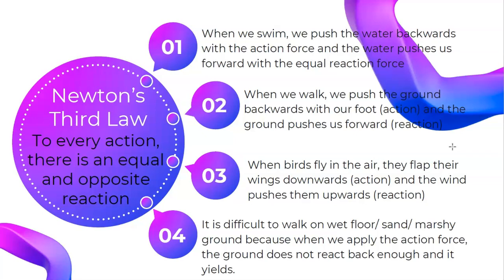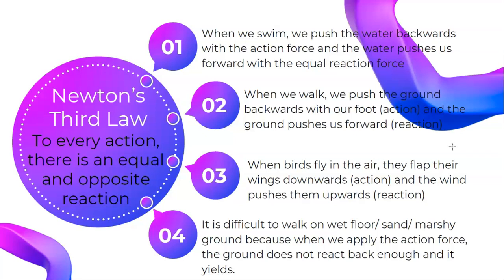We have a slightly different question now. Why is it difficult to walk on a wet floor or sand or on marshy ground? Remember, when the floor is wet, maybe it might be soapy or it is just watery, it becomes very difficult. There is a possibility that we might slip, or it is difficult to walk on a sandy beach or on marshy ground.